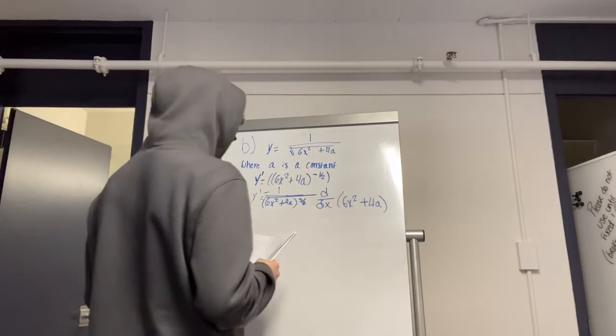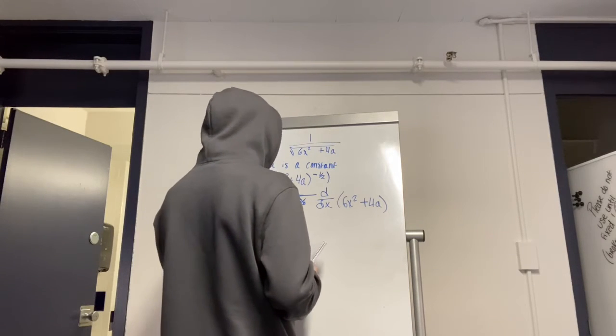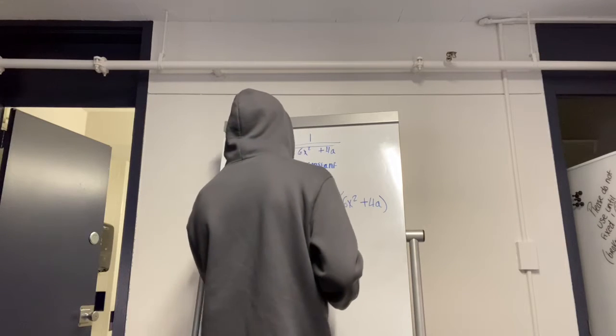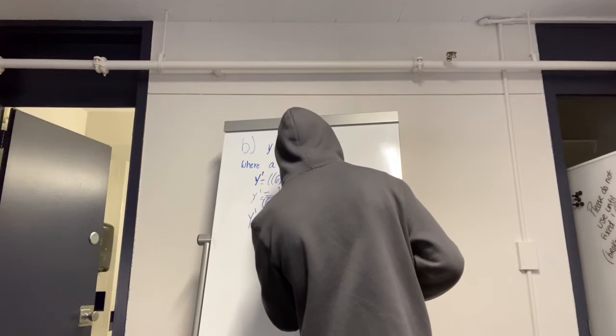Okay. From here, do y prime equals negative 1 over 2.